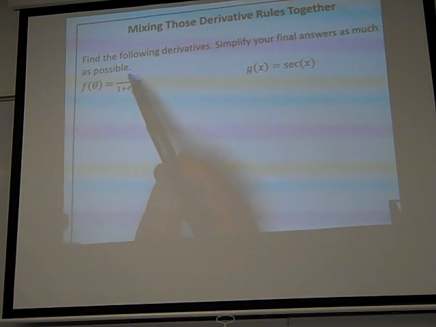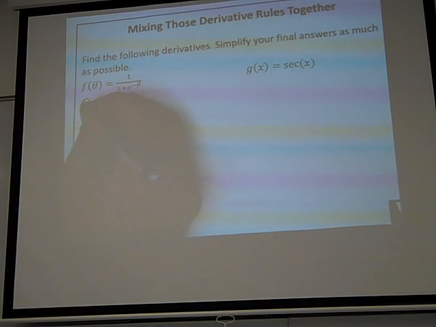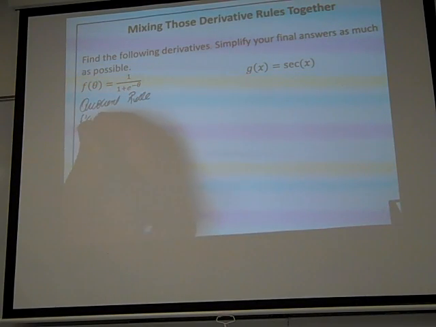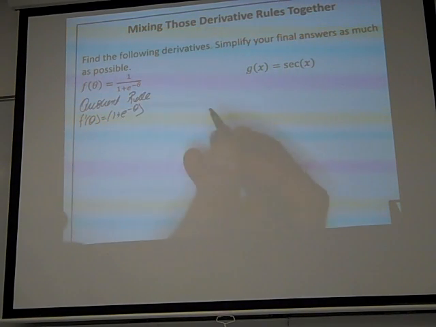F of theta is equal to 1 divided by 1 plus e to the negative theta. Some people see this as a quotient rule. Let's do it one time using our quotient rule, and then I'll show you how you can do this using the chain rule. If it's the quotient rule, then f prime is going to be low, 1 plus e to the negative theta, times d high, derivative of the 1 is 0, minus high, times the derivative of the low.